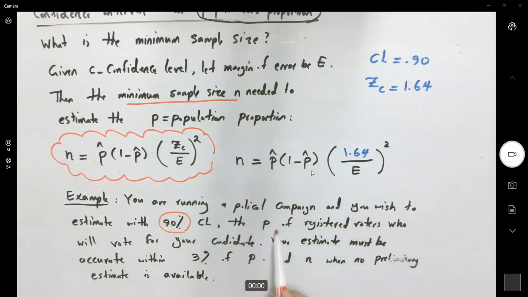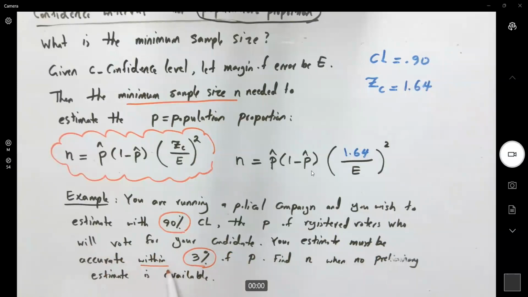The population proportion of registered voters who will vote for your candidate. Your estimate must be accurate within 3%. What is this 3%? This 3% says the real information related to the population proportion is within 3%.